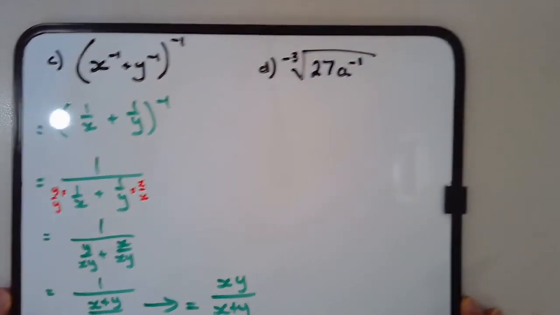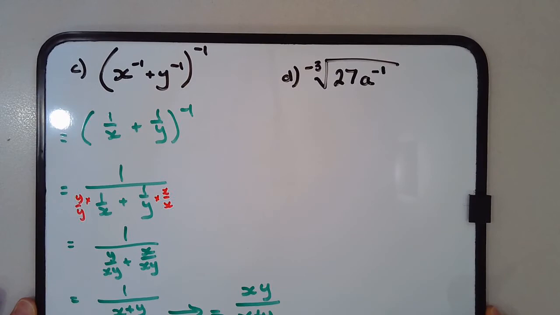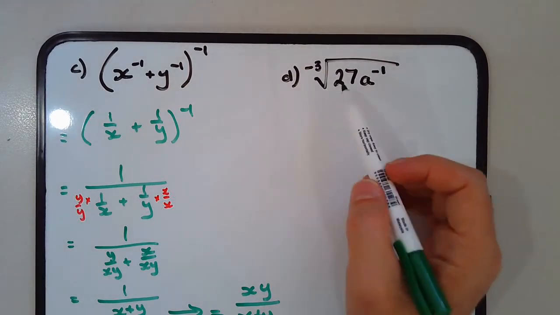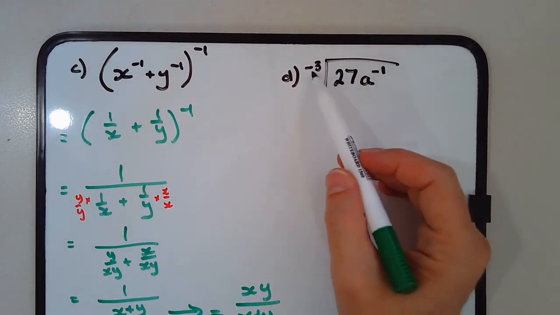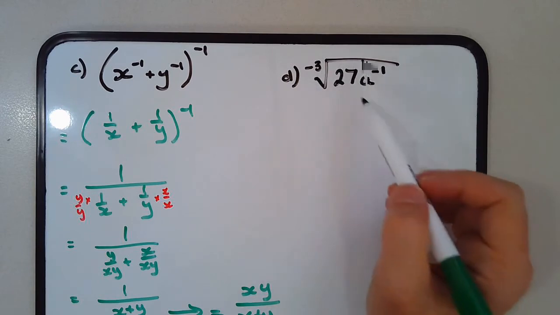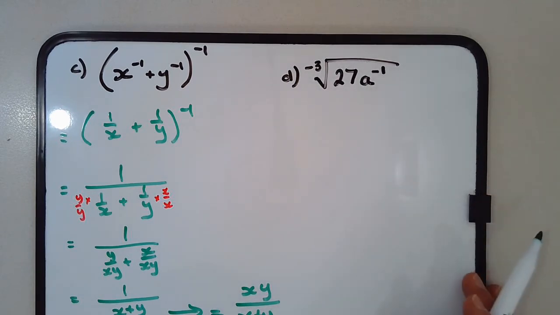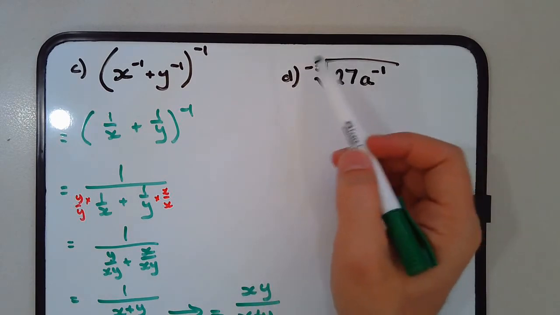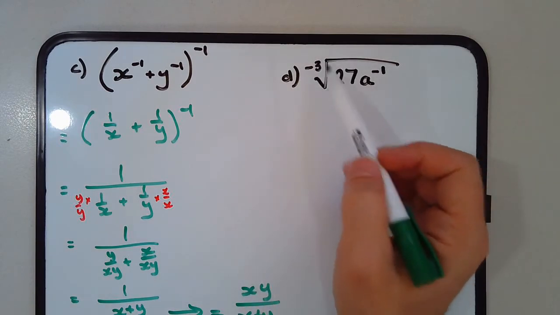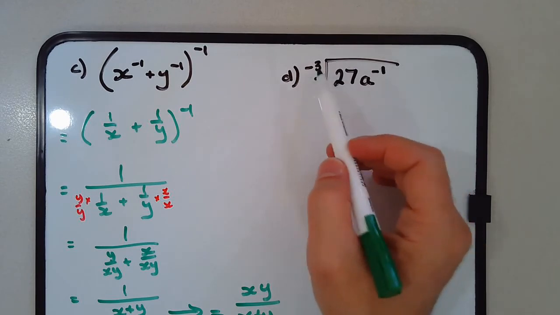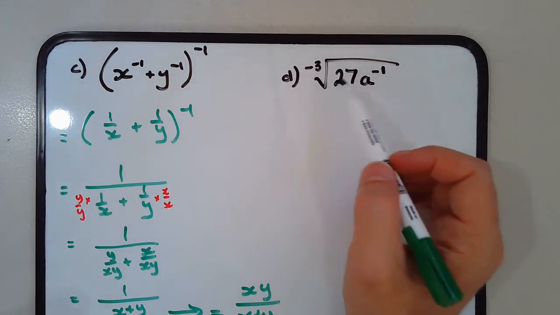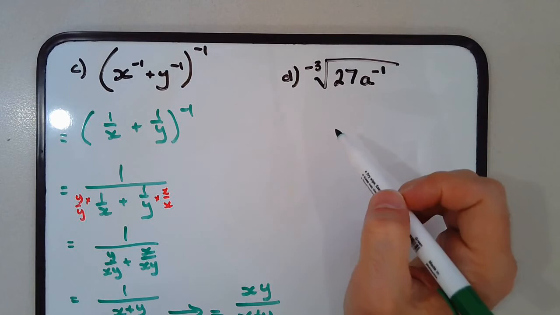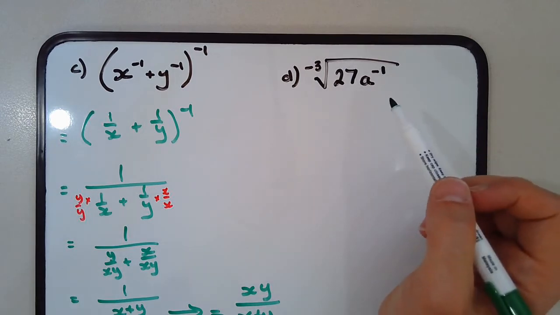Okay, and the last one. So this looks like the negative third root of 27a to the -1. I chose this example just so that I could show you what the root of a -3, in fact, what that means. So the negative third root, in other words.